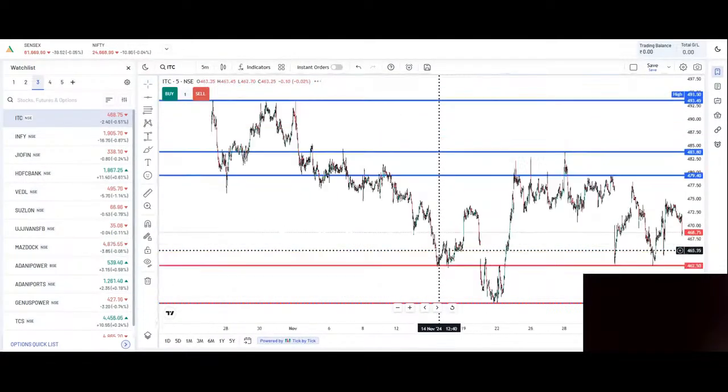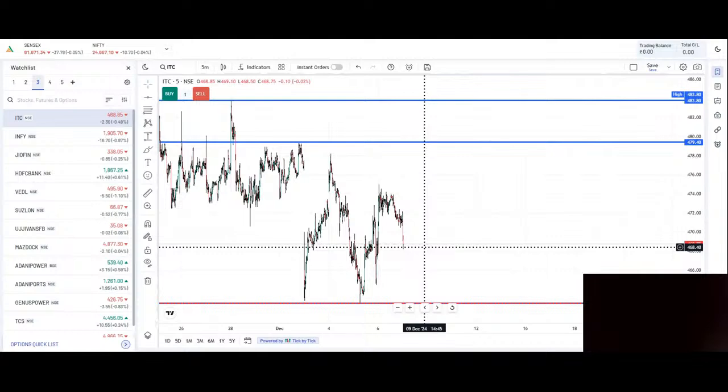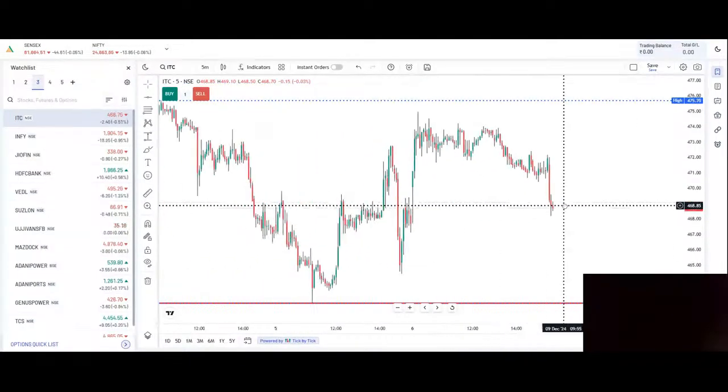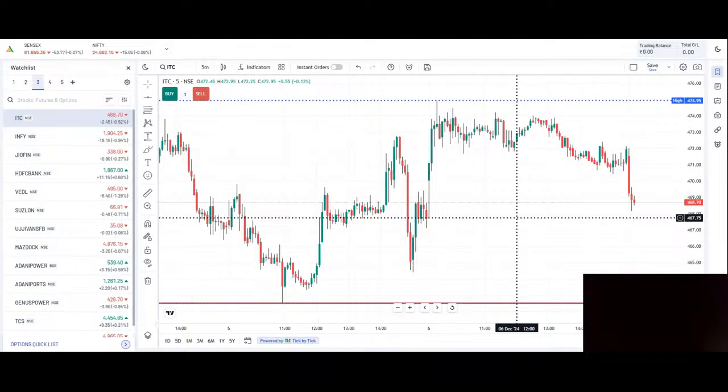Let's go back to our talk of ITC, which I was telling. See how ITC is falling as expected, and as we had analyzed, it is going to behave.